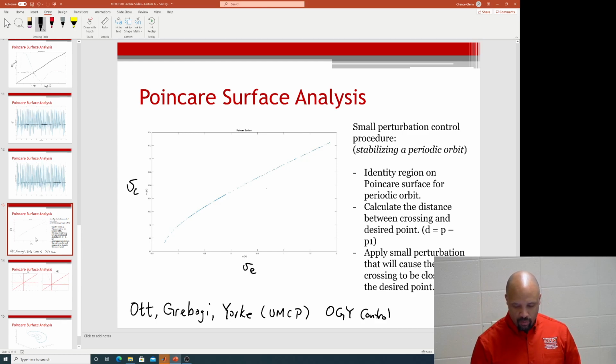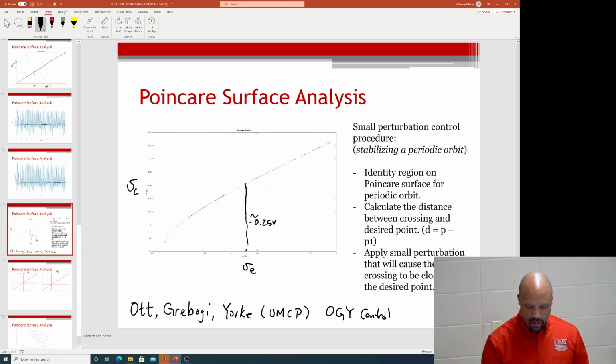As you recall, we said that the fixed point is roughly 0.25, minus 0.25 in VE, and I didn't draw this line very well. Let me do that again.